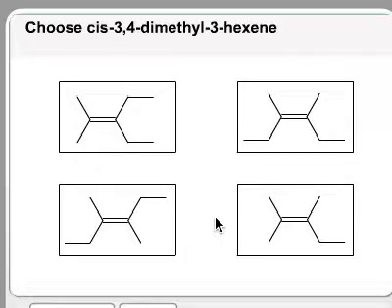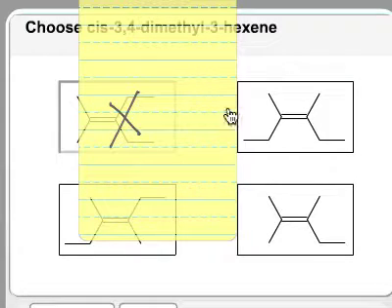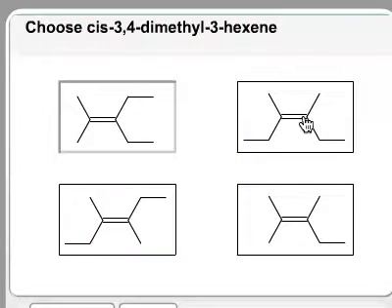So let me see if I can get my pen to work here. That rules this one out. 1, 2, 3, 4, 5. 1, 2, 3, 4, 5. This one's also ruled out as well. 1, 2, 3, 4, 5, 6. Okay, that one's good. And then 1, 2, 3, 4, 5. So really, this lower left one is the best.